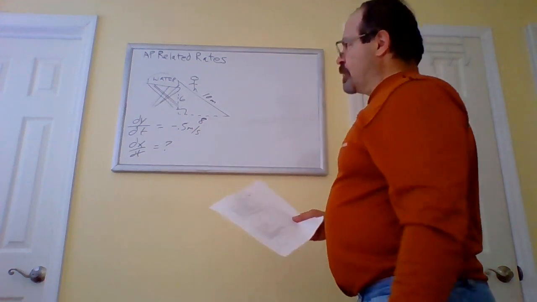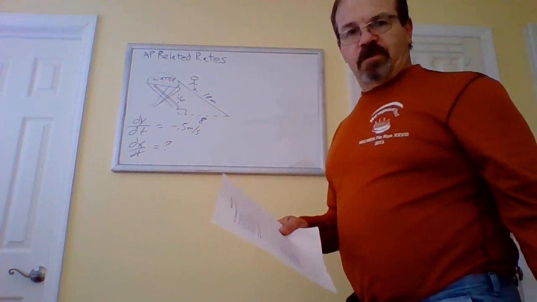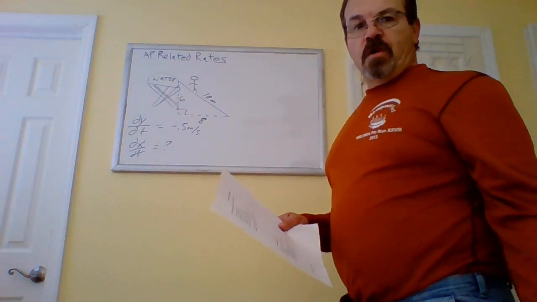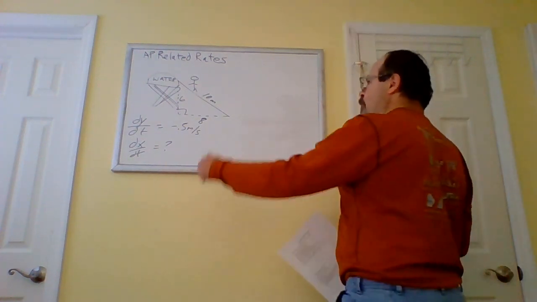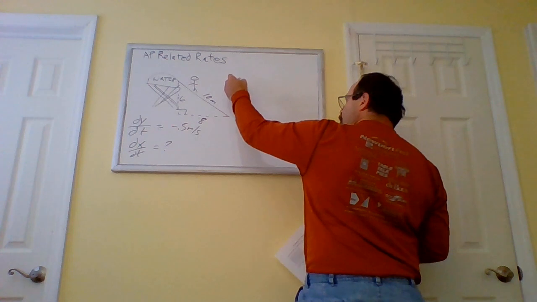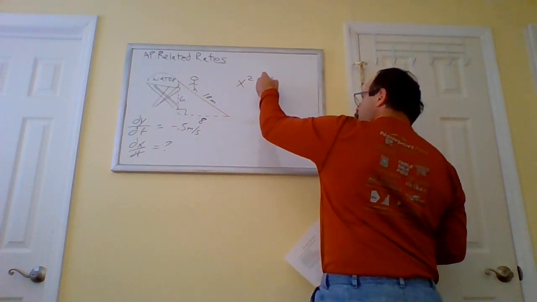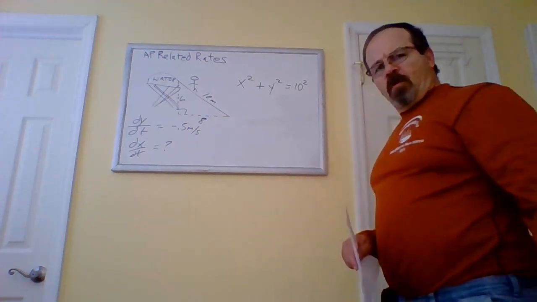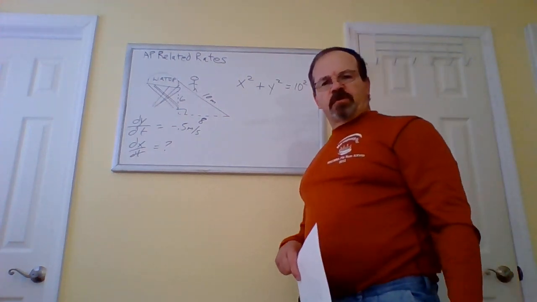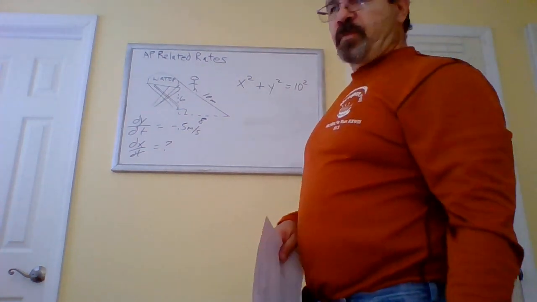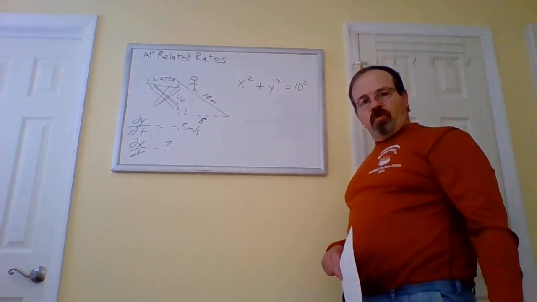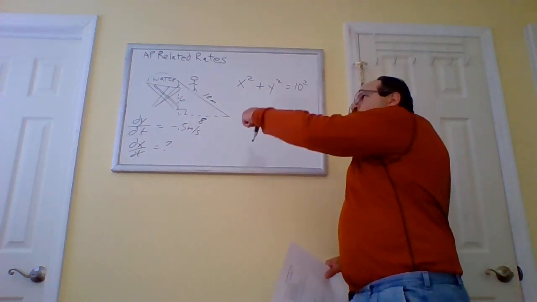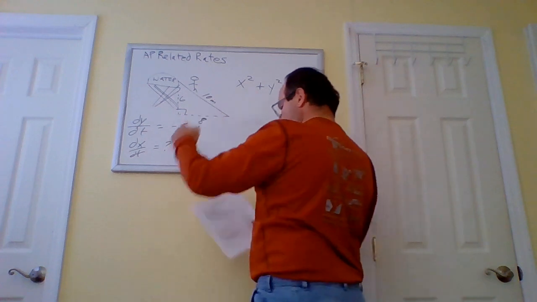Okay. Do we have an equation that relates those lengths to a right triangle? I think you know we do. We would say x squared plus y squared equals 10 squared. Now, some of you might be thinking, well, why didn't I put in 6 squared plus 8 squared equals 10 squared? Well, you're right. That's true at this moment.